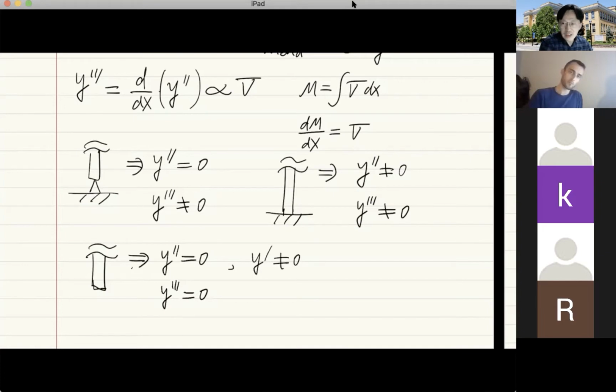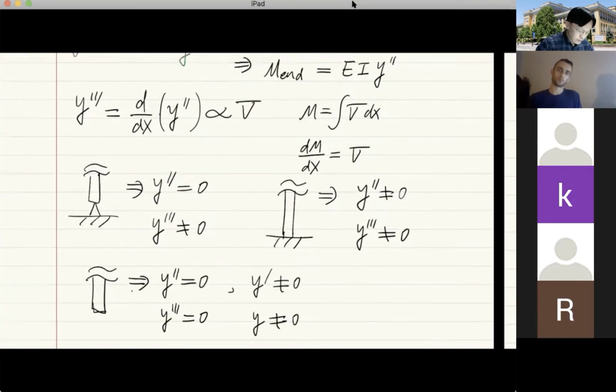As long as you have any moments acting within the span of this column, the free end must be rotated. So the slope must not be 0. And for the same reason, deflection also will not be 0, right?